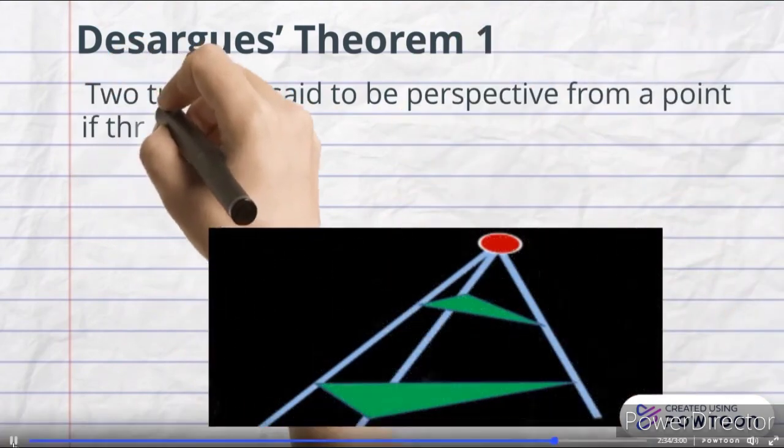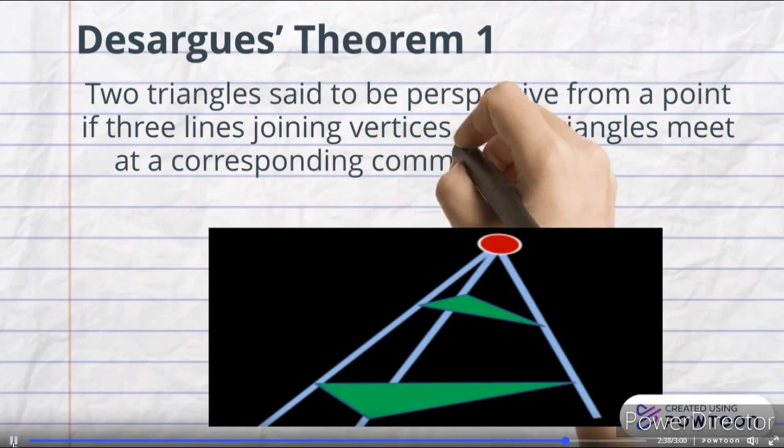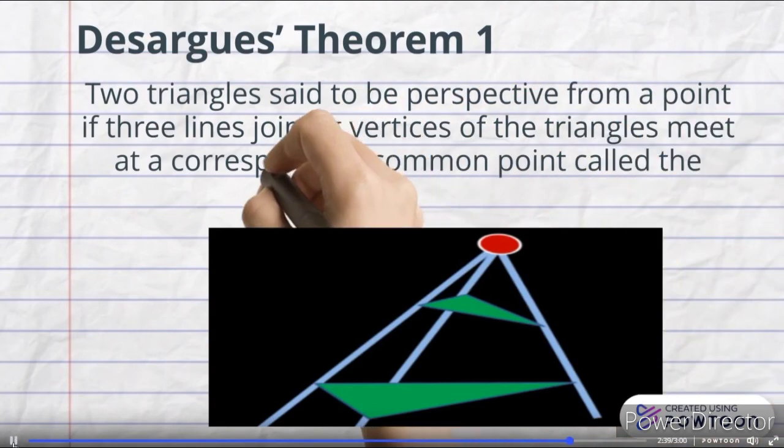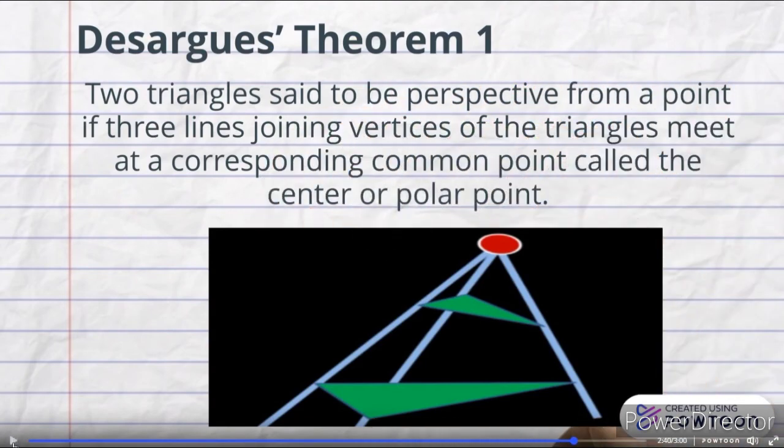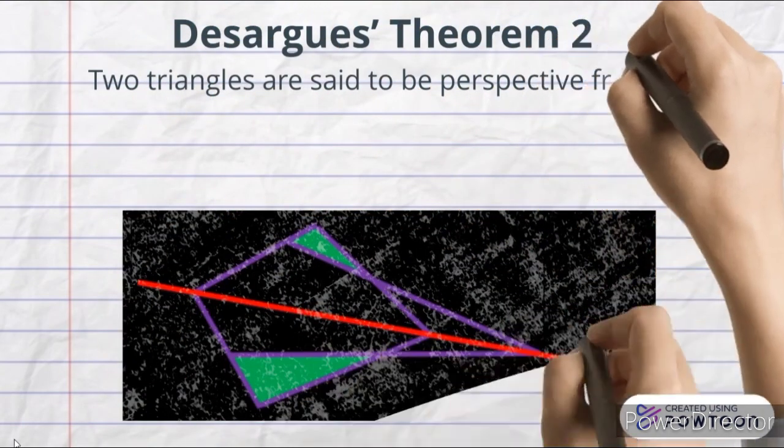Next, this is Desargues' theorem 1. Two triangles are said to be perspective from a point if the 3 lines joining corresponding vertices of the triangles meet at a common point called the center of perspective.